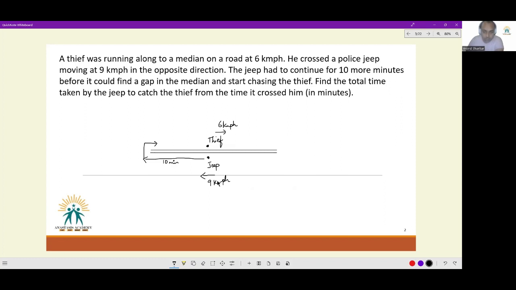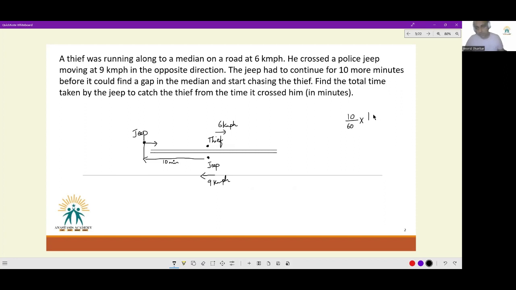So for 10 minutes, the jeep is moving forward at the rate of 9, the thief is moving backward at the rate of 6, so they are getting separated at the rate of 15. At the point when the jeep makes a U-turn, by then 10 minutes, or 10 by 60 of an hour, have passed, for which the jeep and the thief are moving in opposite directions.